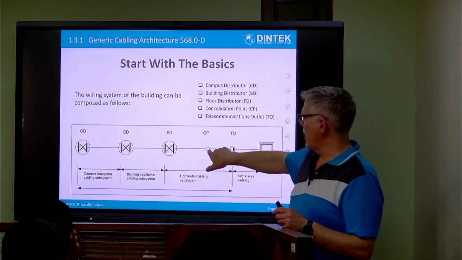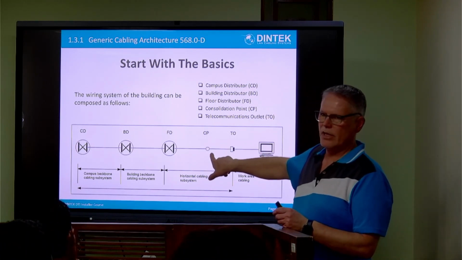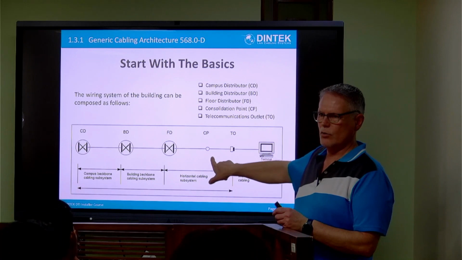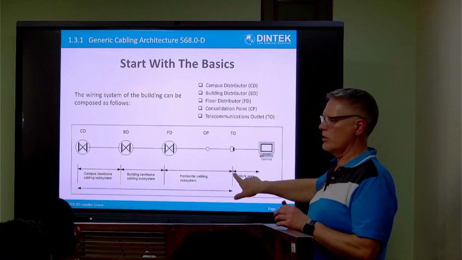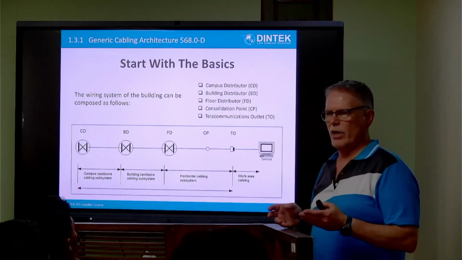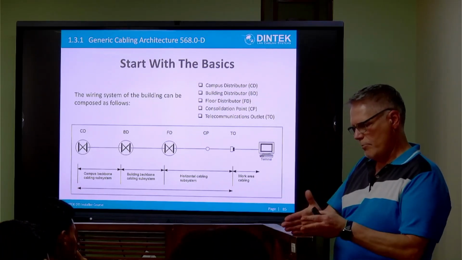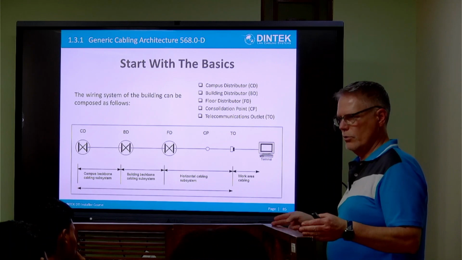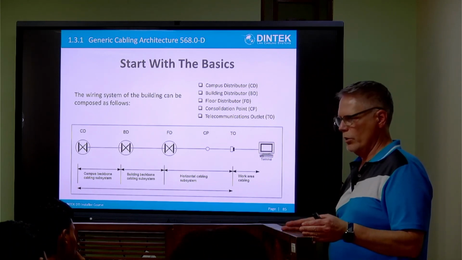And inside these, we can have things called consolidation points. I'll talk a bit more about consolidation points soon. The consolidation points are essentially where we've got our cabinet, we're running a line through to an outlet, but we've got a break point in the middle.